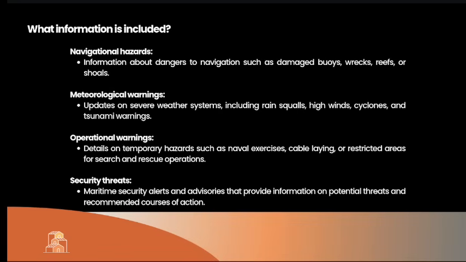Regarding operational warnings, they detail temporary hazards such as naval exercises, cable laying, and restricted areas for search and rescue operations. In maritime security alerts, the advisories provide information on potential threats and recommended courses of action.